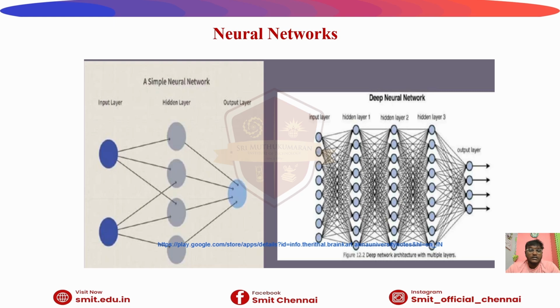Key advantages: it can model complex non-linear relationship. It learns from examples without explicit programming. Then third, it adapts as new data becomes available. Neural networks are powerful for image recognition, speech processing, and complex pattern recognition. However, they often require large amount of data and computational power.